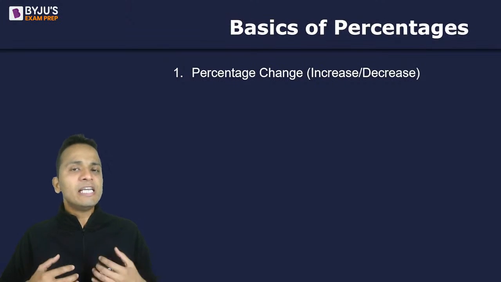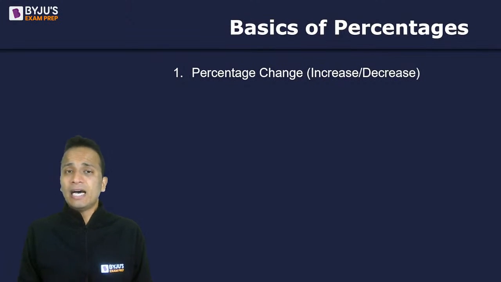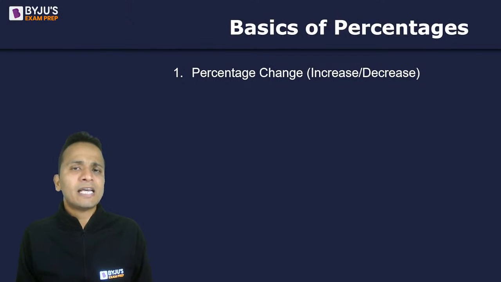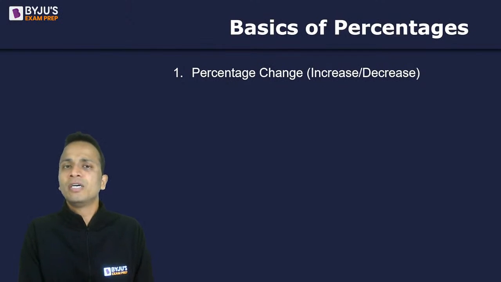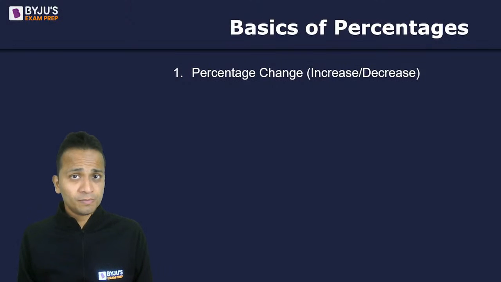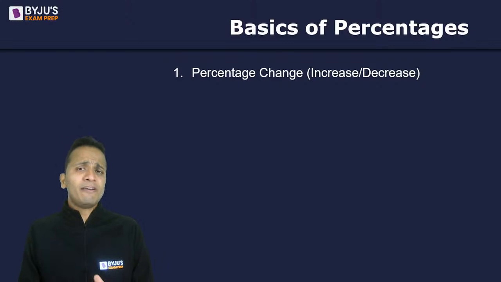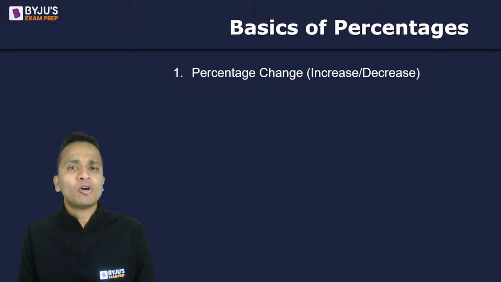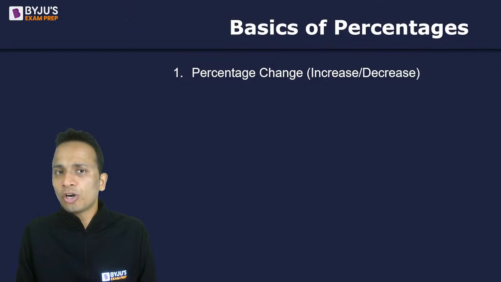Now I'm strictly against the formulas, and I think that if I understand the basics of any of the topics, then using those basics, I can solve each and every question. The most important thing is with less amount of time. I can save time if I understand the basics, but if I keep running after the formulas, then it might be possible that I'll end up wasting a lot of time.